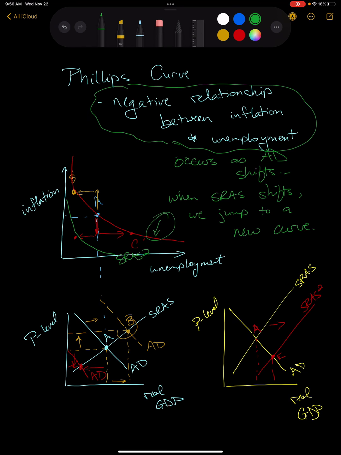So if you're trying to bring inflation down, it's going to be really hard to do so without causing unemployment to go up. And vice versa, if you're trying to bring unemployment down, the repercussion is likely going to be some inflation. Those two are, in fact, negatively related when we're talking about policies that are shifting aggregate demand.